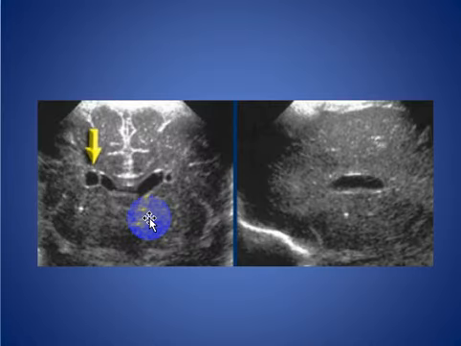Here is another patient with coarctation, and we see the line, and here this is the sagittal cut.